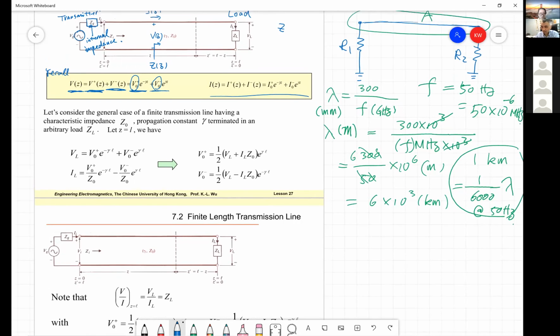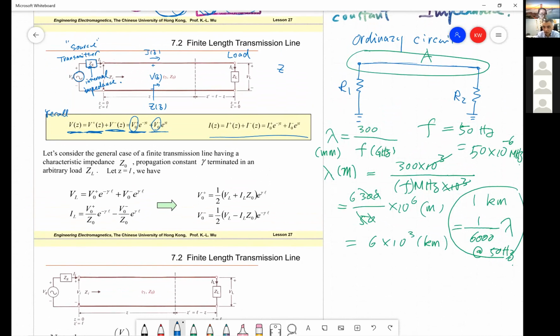Because we measure z from here right now, we measure it when z equals L. That means at the load location, the total voltage over total current must satisfy Ohm's law.